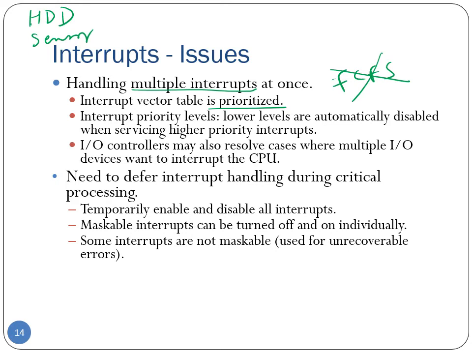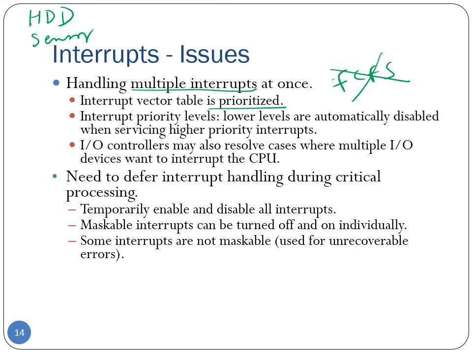However, if we are processing an interrupt and a higher priority interrupt comes in, in this case the CPU would be interrupted a second time. The interrupt that is being served currently would be suspended and the higher priority interrupt would begin service. Based on that description, you might imagine that we would need a lot of priority levels for the interrupts.